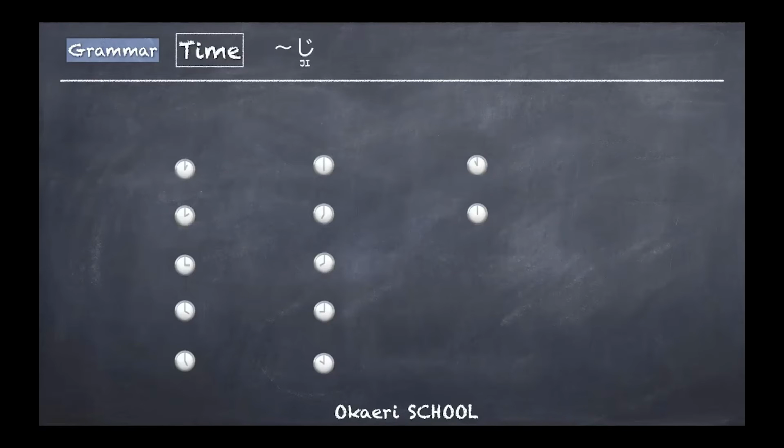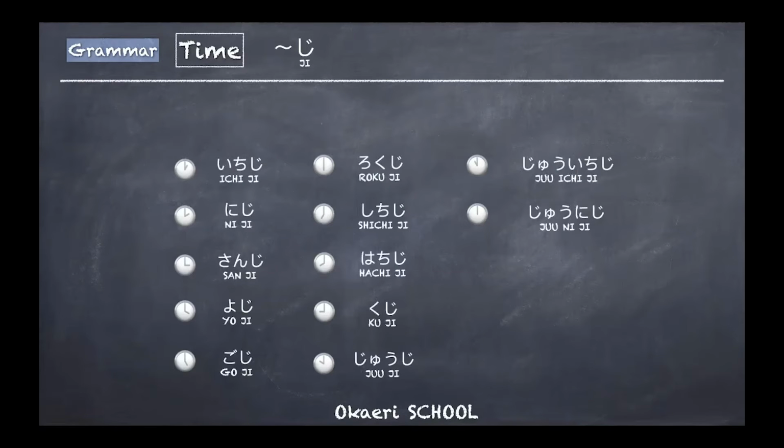Right, time. Well, you basically put ji, which means clock, after the numbers of the time. 1時 for 1 o'clock, 2時, 3時, 4時, 5時, 6時, 7時, 8時, 9時, 10時, 11時, 12時.